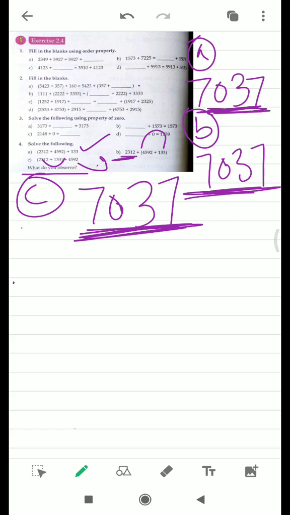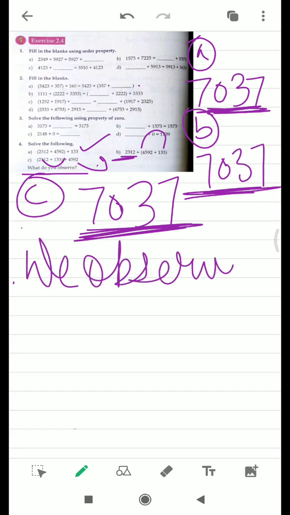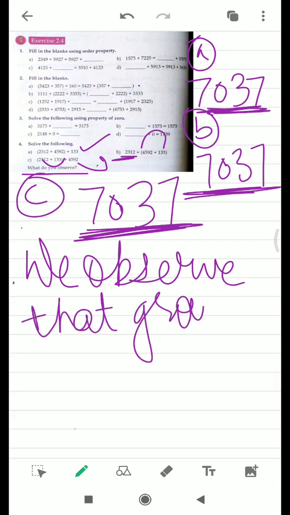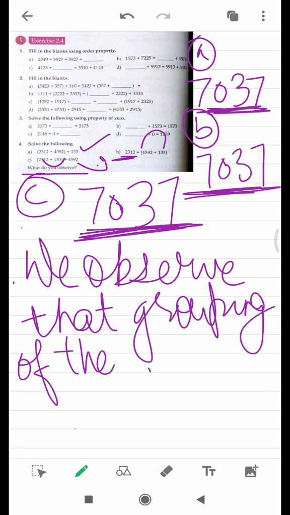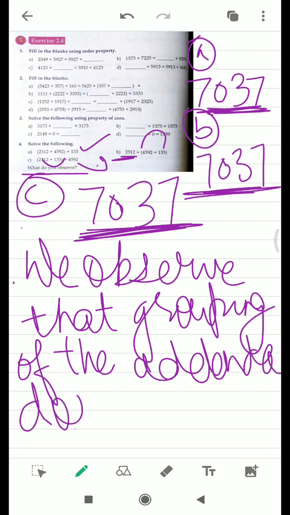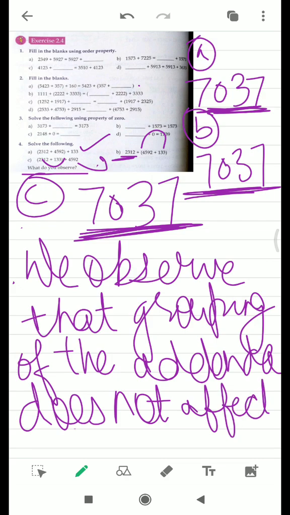You can write, we observe that grouping of the addenda does not affect the sum.